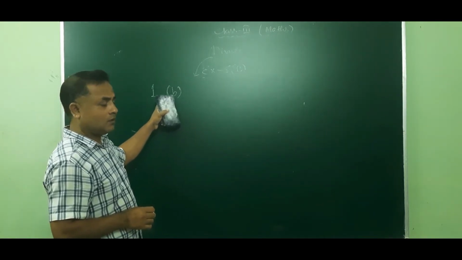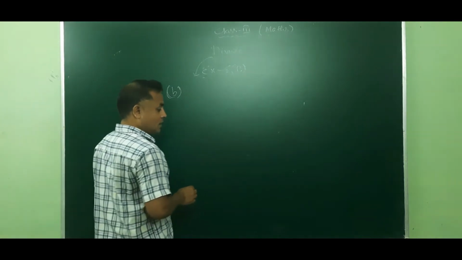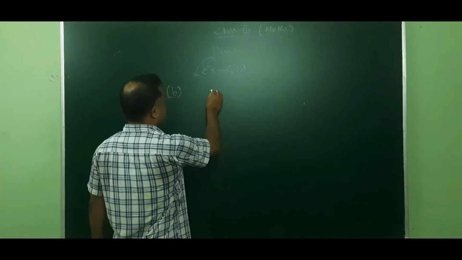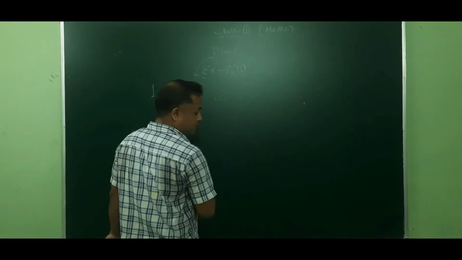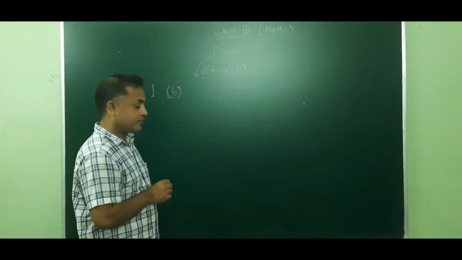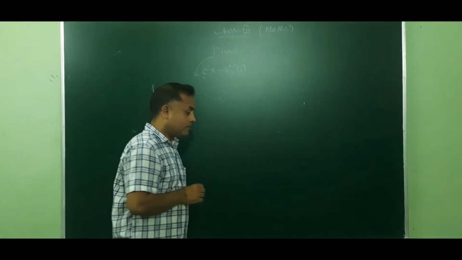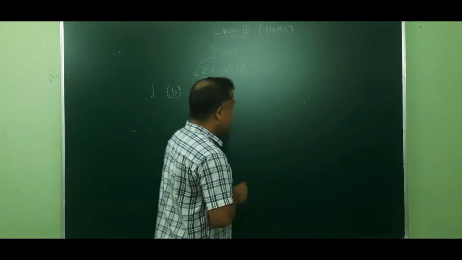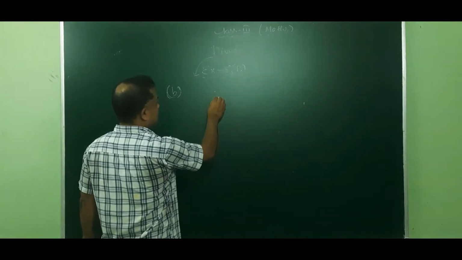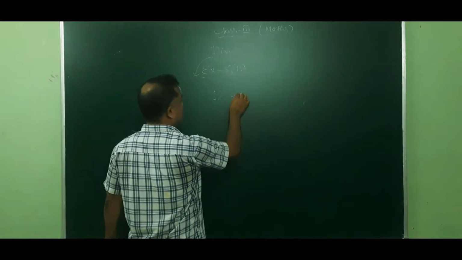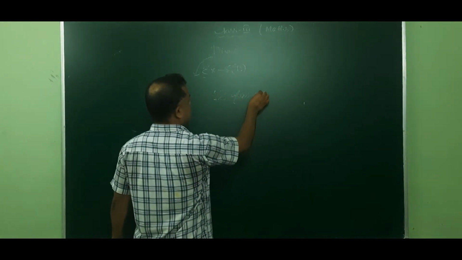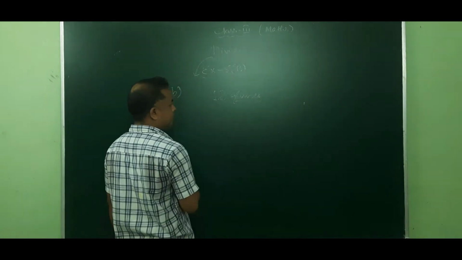Now we have finished 1A. Now we see the B. Here it is given that there are a total of 12 glasses, with 2 on a tray. That means the total glasses is 12.